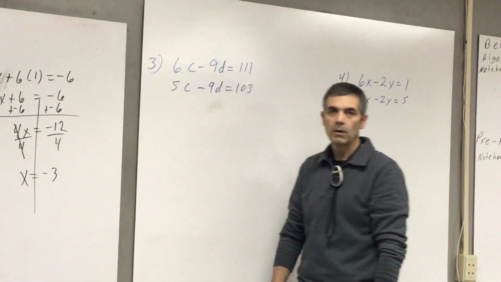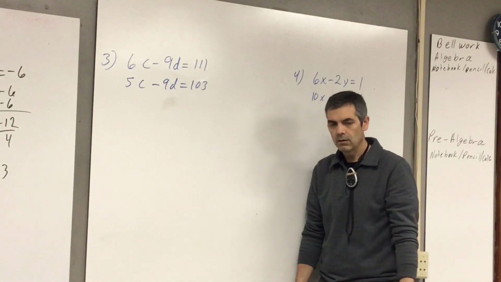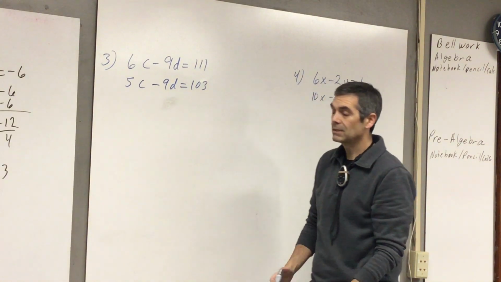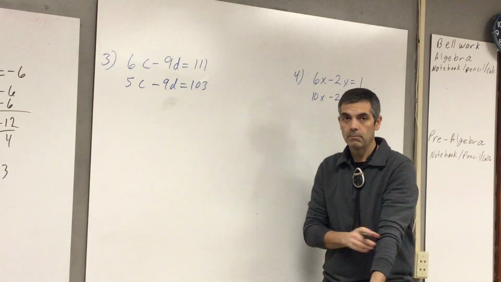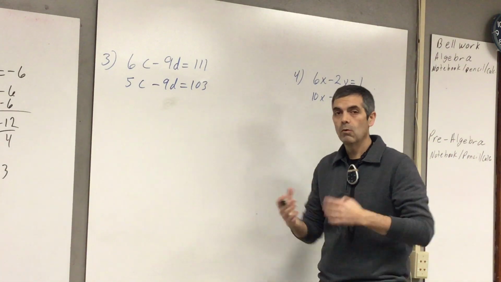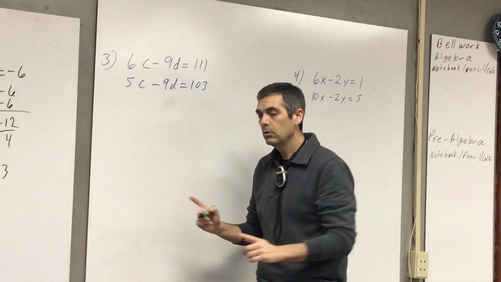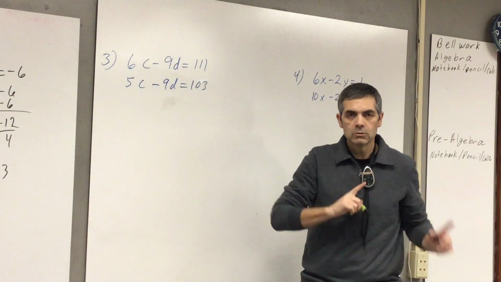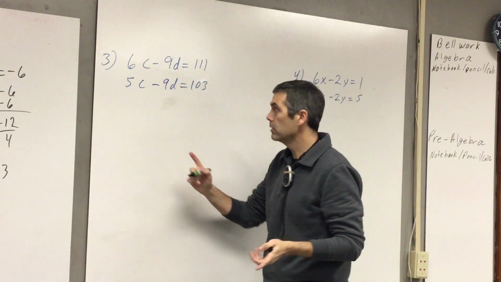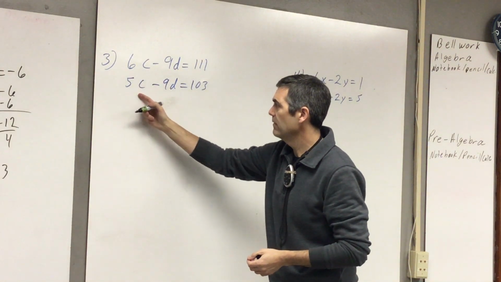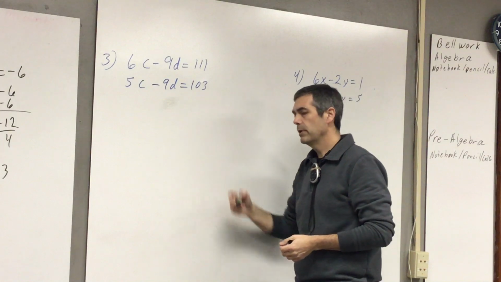Okay. Now remember I said, watch, because they don't always use x and y as your variables, but it doesn't matter, it's still the same setup. We want to eliminate one of the variables. All right, but notice it's not set up so that we can do that. Look, you've got 6c minus 9d equals 111, 5c minus 9d equals 103.